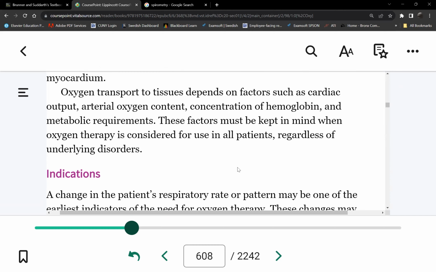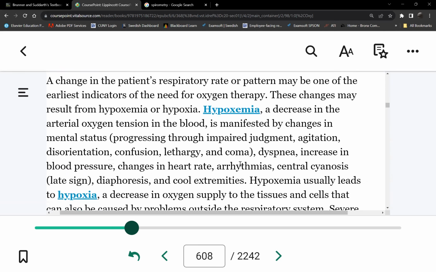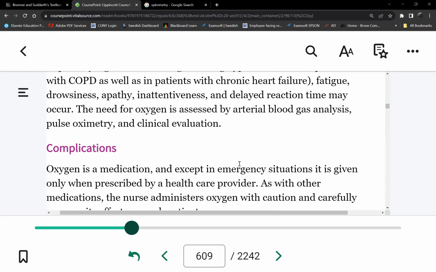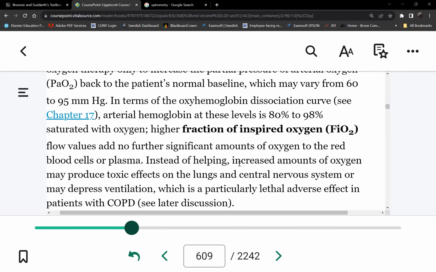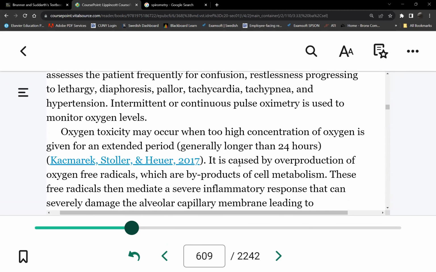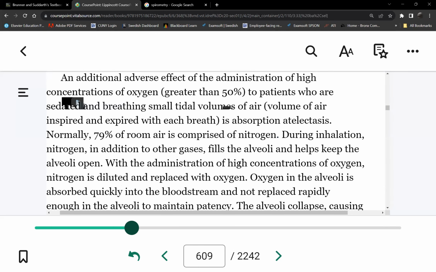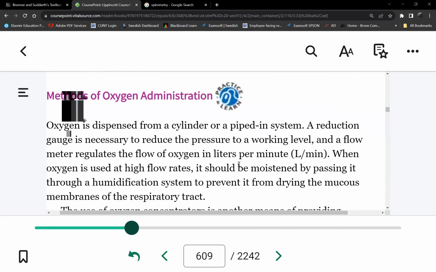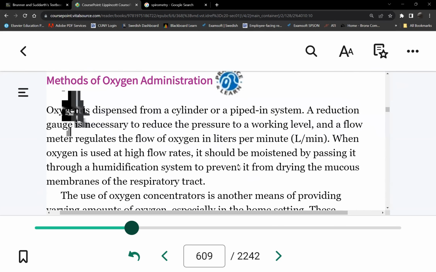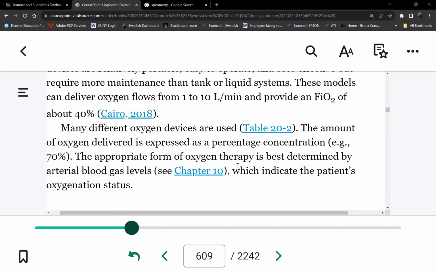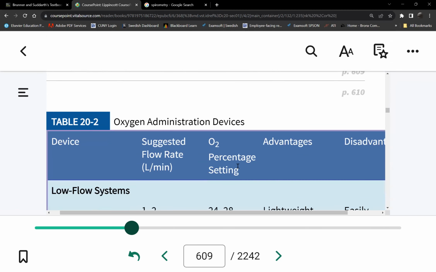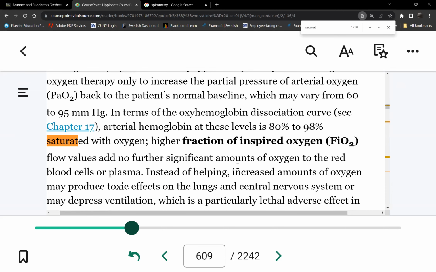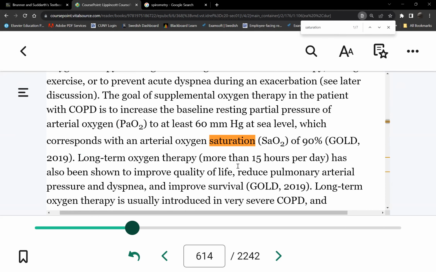What did you say, Miss Simon? To keep what? What is our parameter? What is our target? Okay, so as long as you get at least 90% or better, let me point you to the right here.